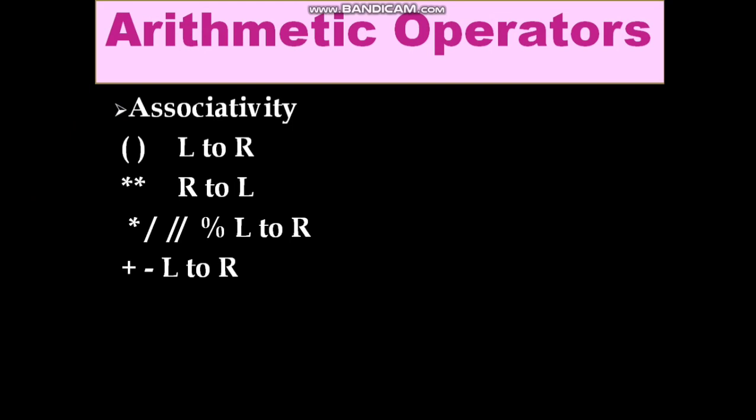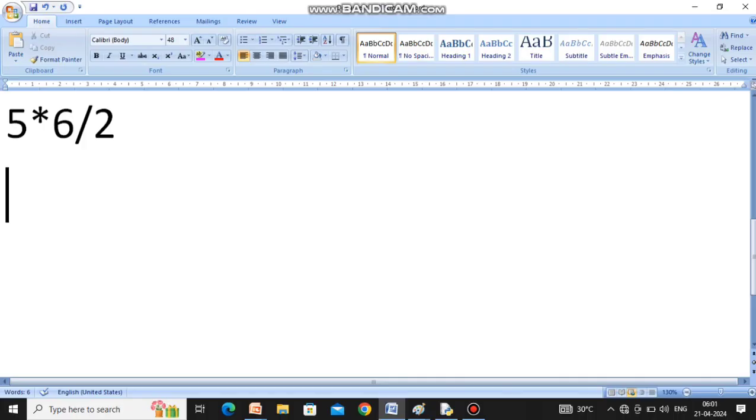Let's take an example. Here we have the expression 5 asterisk 6 divided by 2. We have 2 operators and 3 operands. The operators are the asterisk symbol for multiplication and the forward slash for division. Both of these operators have the same precedence level.